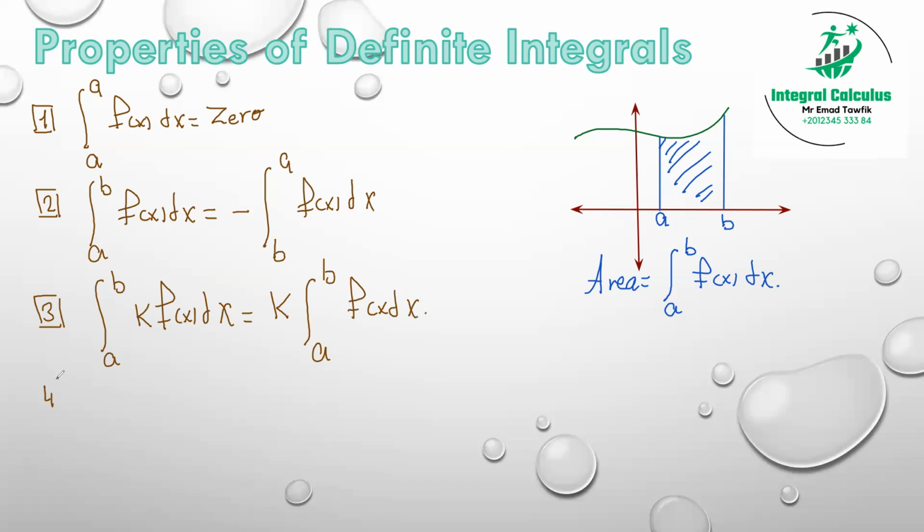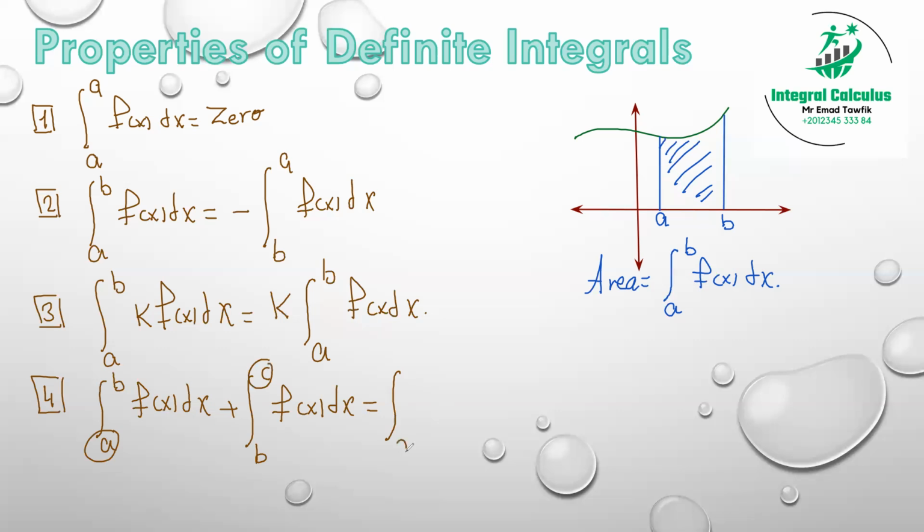Number four. If I work on the integration from a to b of f of x dx, plus another area, the integration from b to c of f of x dx, it is equal to the integration from a to c of f of x dx.